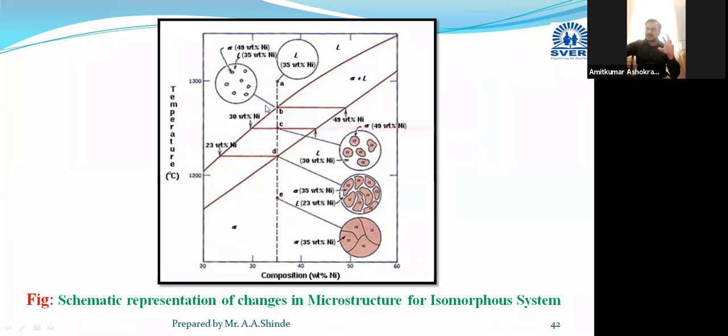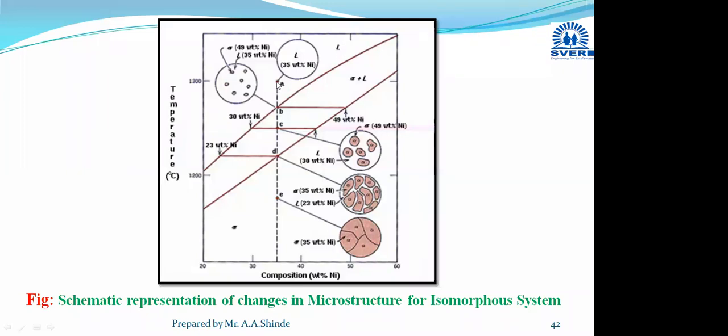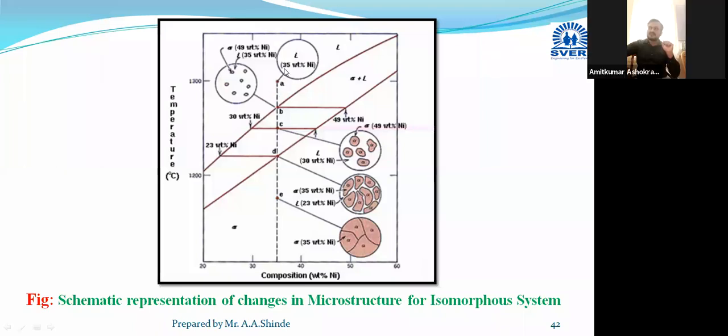From region A to B here, the alloy is in liquid state only. As both metals are completely soluble in each other, only liquid phase will be there, a uniform liquid from A to B. Then when temperature reaches point B, solidification process starts, and when temperature drops below point B, some amount of solid starts separating out.